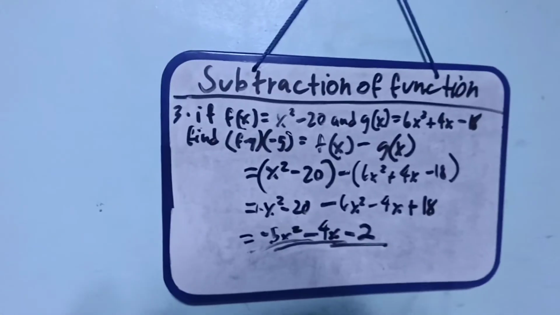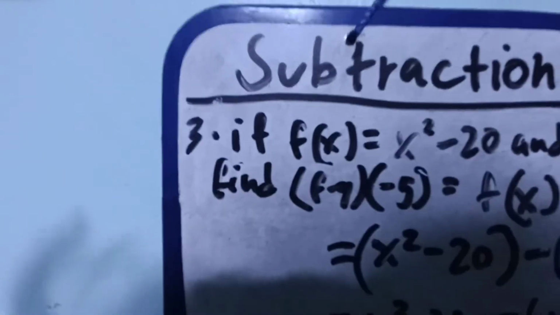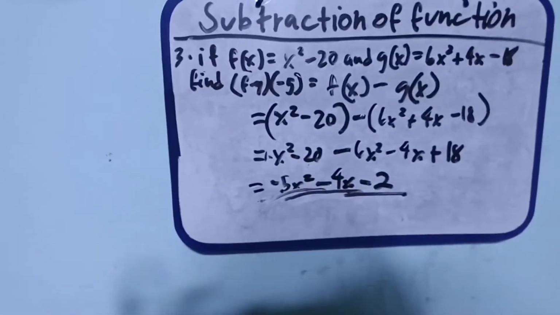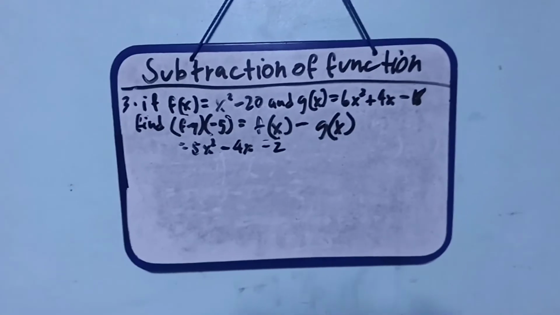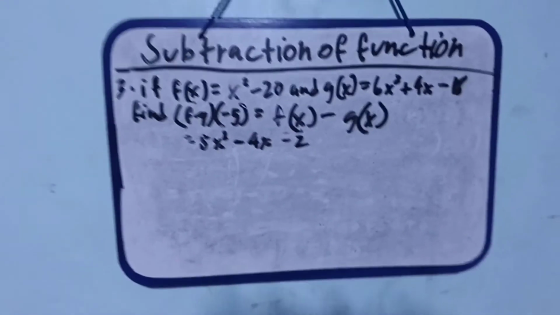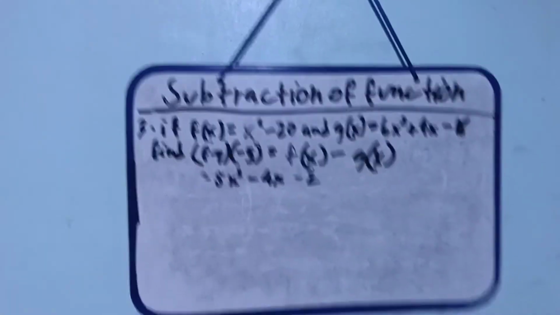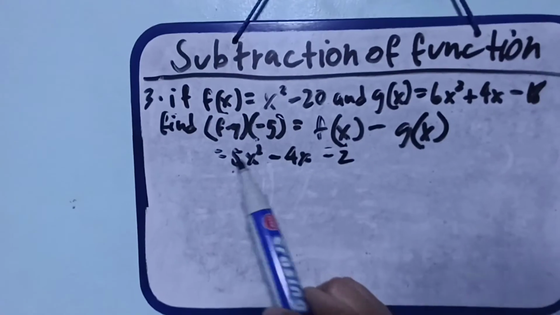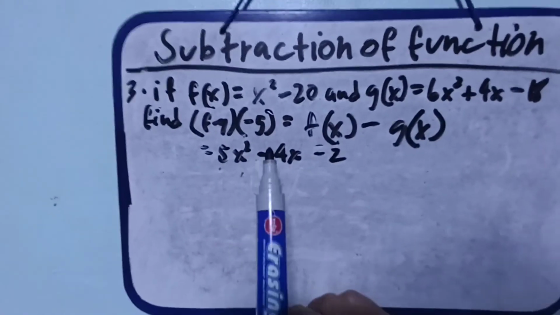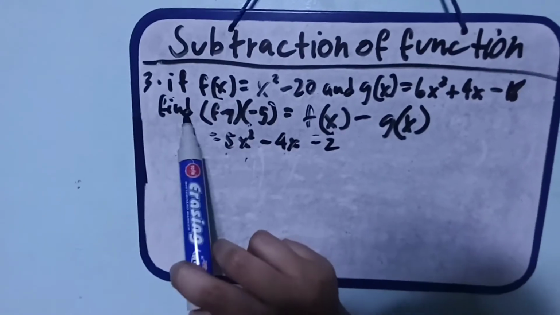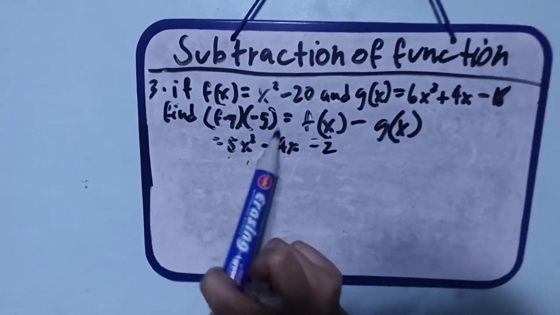So, paano na, the one that we're finding here is f minus g of negative 5. To get that, so yung final answer nga natin kanina sa ginawa natin, letter A, nakuha na natin yung function niya, which is 5x squared minus 4x minus 2. But the question here is, find f minus g of negative 5.